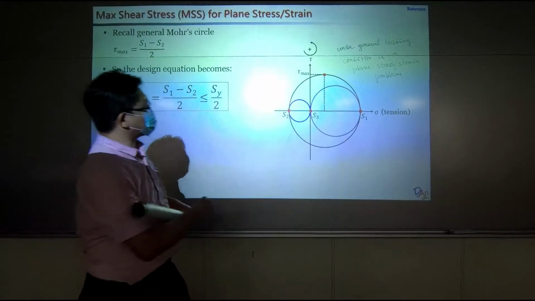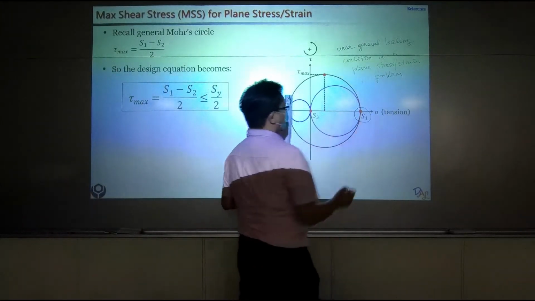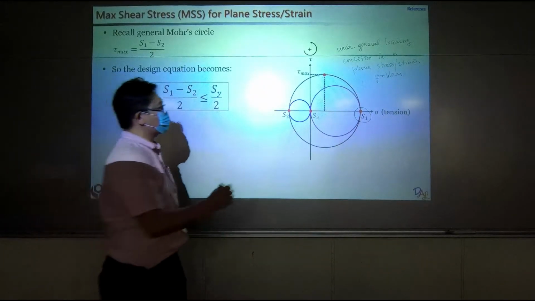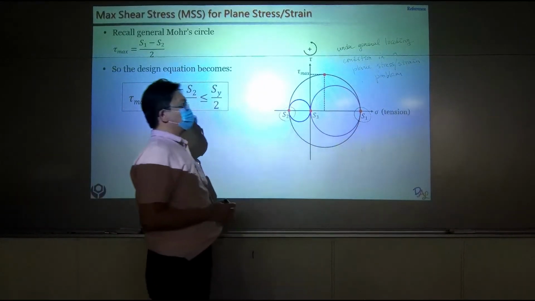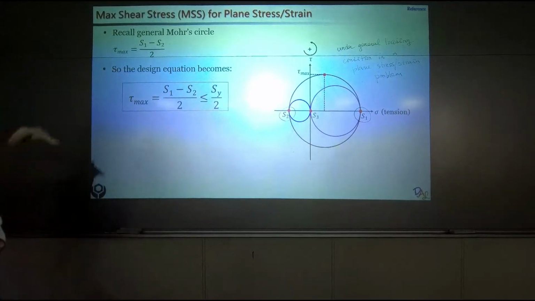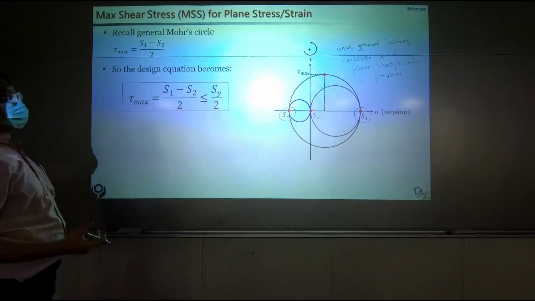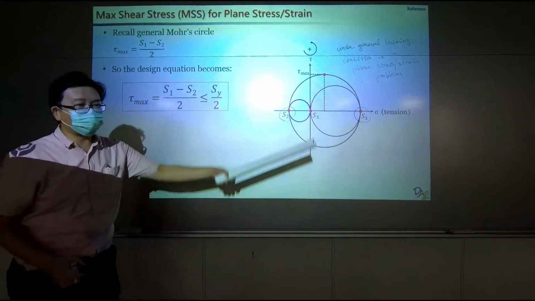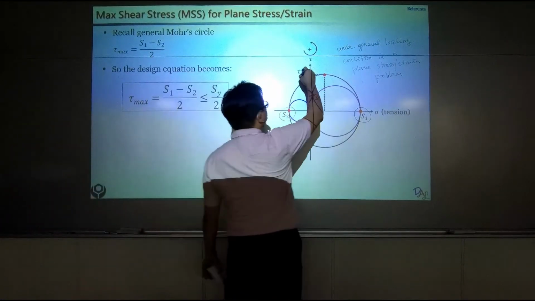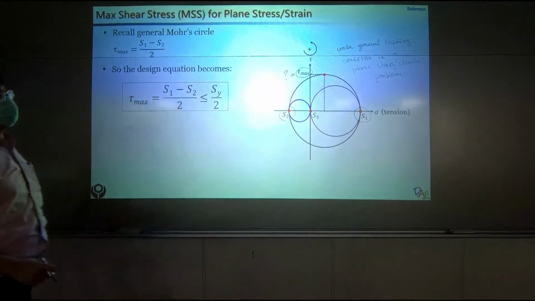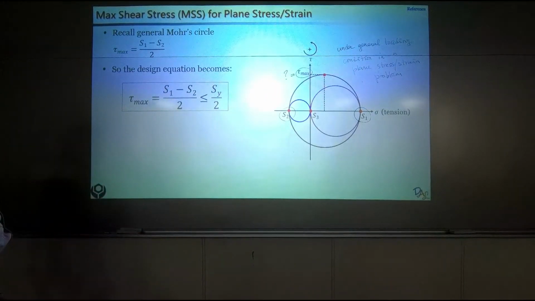So in this case, you have a positive first principal stress, and you have a negative second principal stress. If you want to follow what we introduced earlier, you need to draw your Mohr circle and determine the magnitude of tau max.